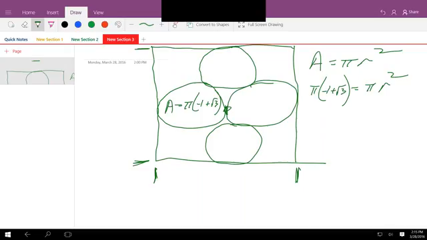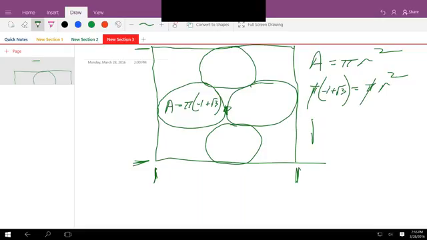Let's start with solving for r. In other words, let's solve for the radius of one of these circles. How do I do that from this formula? Cross out the pi's. Okay. And then add -1 to square root of 3. Probably, well, okay.